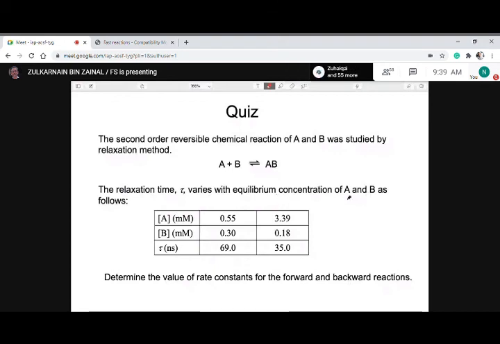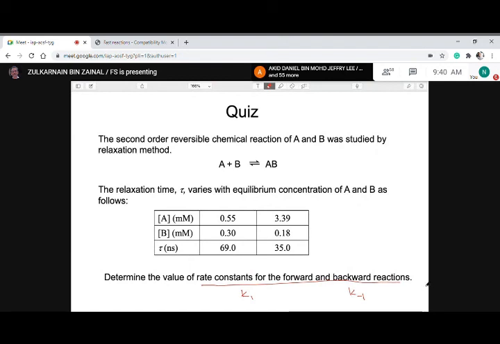You have the equilibrium concentrations of A and B given there, and the tau value in nanoseconds, meaning 10 minus 9. This is millimolar, and this is nanosecond. You can see 69 nanosecond, 35 nanosecond. What you have to do is determine the rate constants for the forward and backward reaction, meaning you want to determine K1 and K minus 1 of the reaction.